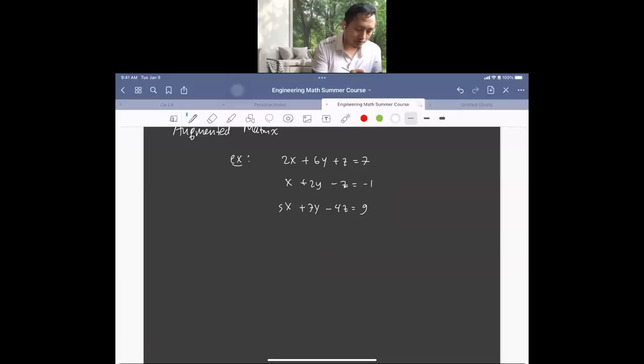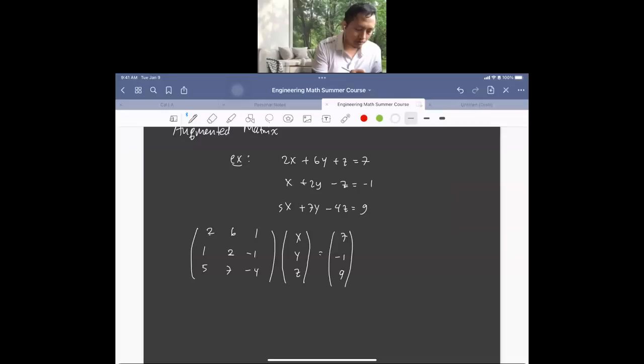Usually if we use multiplication, we have the coefficients, 2, 6, 1, 1, 2, -1, 5, 7, -4. It's supposed to have x, y, z, and the right part will be 7, -1, 9, right?